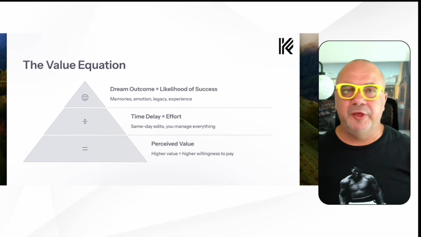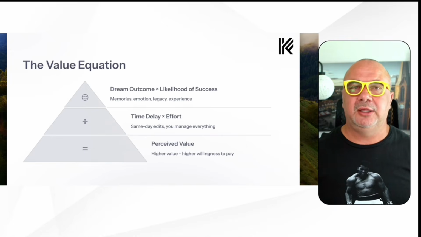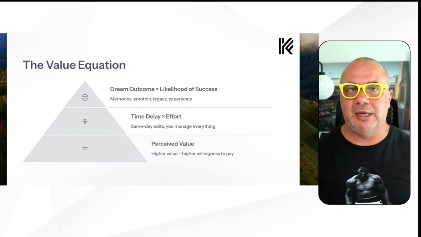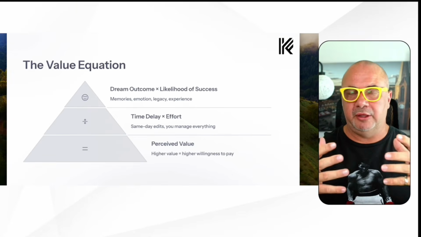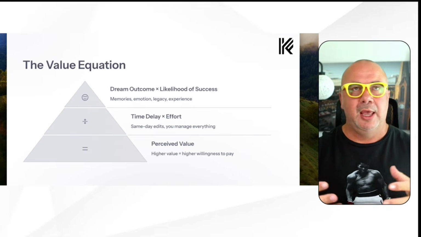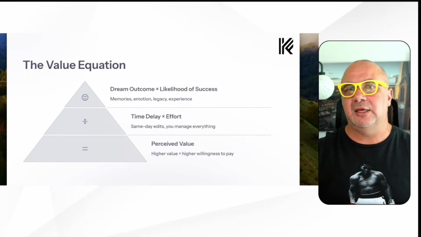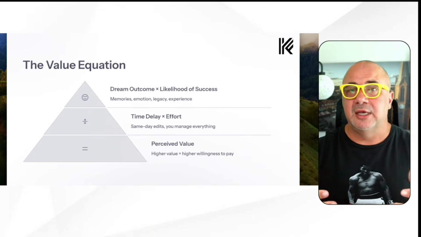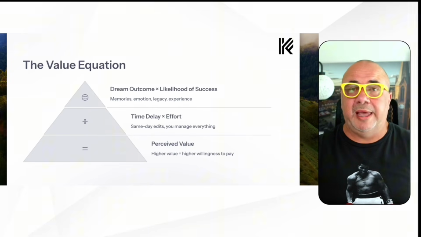And the first is the dream outcome. So you're talking about memories for them and emotions that somebody will be experiencing while viewing their photos or album, and leaving a legacy, something you can leave for your kids.